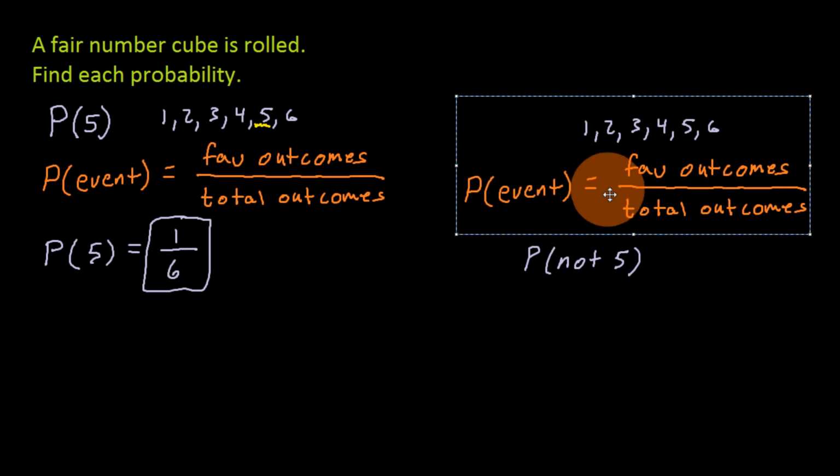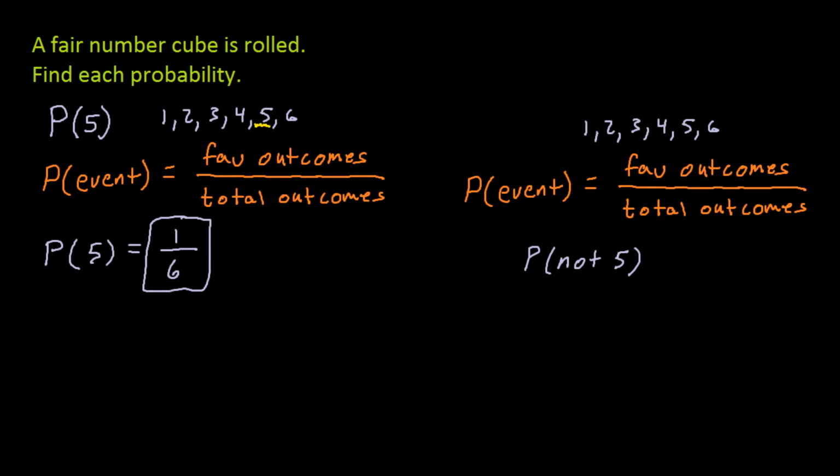However, I do have to modify a few things, because we're looking at the probability of an event not happening. But above we have this formula written as the probability of an event actually happening. So the first thing I'm going to do is just change pen colors, and now I want to write down the probability of an event not happening.